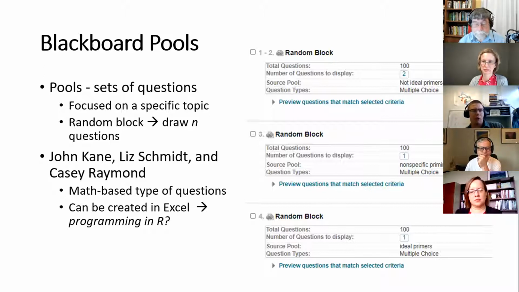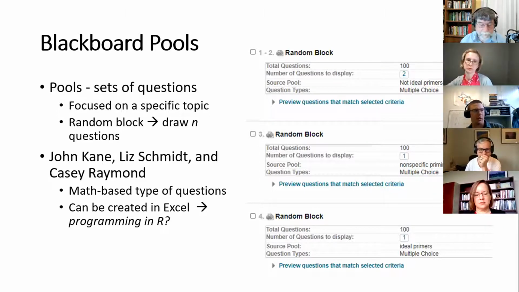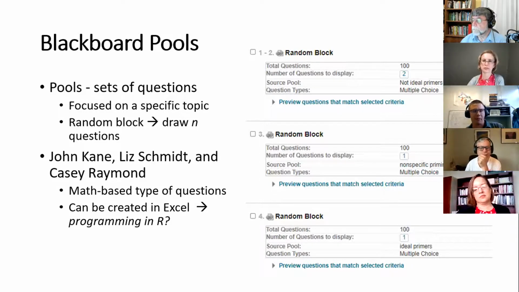But those pools were math-based types of questions, where there's some equation you can solve for whatever variable you want, and you can use the program to create realistic other things that go into that equation. That's something I used in the fall, and I think that was helpful.